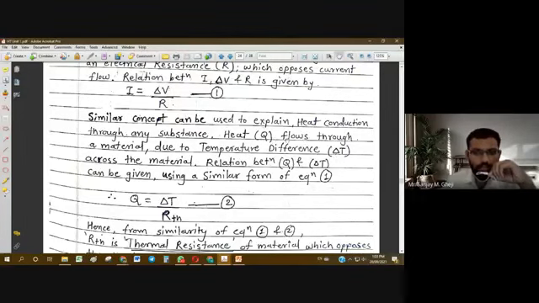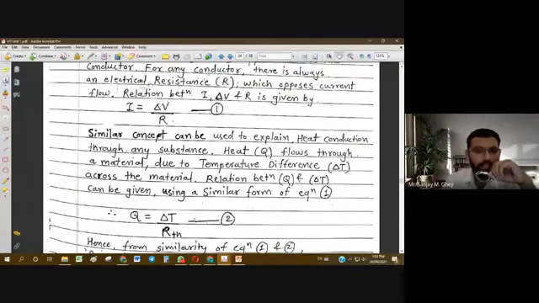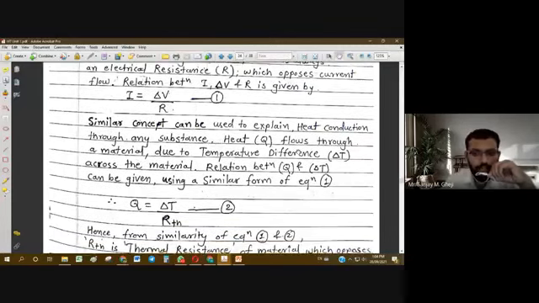Now see, an analogy is being set. In an electrical circuit, we have a potential difference, delta V, voltage difference, which is causing the current flow I. And in the case of heat conduction or heat transfer, temperature difference is like potential difference or voltage difference, and that is causing the heat flow.